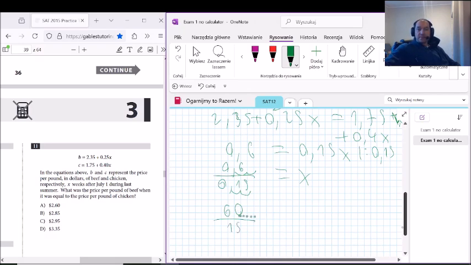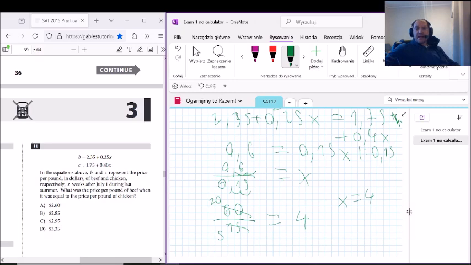Now I can simplify this by 5 or by 3. It will be 12 divided by 3 and that is 4. So for x equals 4, the prices are the same, which means that 4 weeks after July 1st, the prices of beef and chicken are the same.